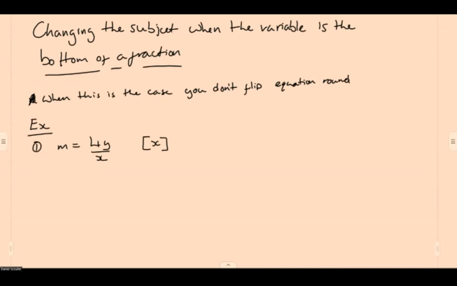The first thing we do is move that x over, and it brings it to the top line. If we bring that x over, it becomes a multiple on the left-hand side, but importantly, it goes to the top line. And then we can isolate the x.